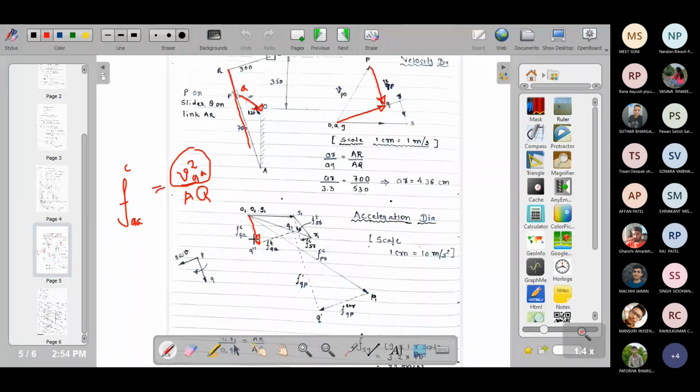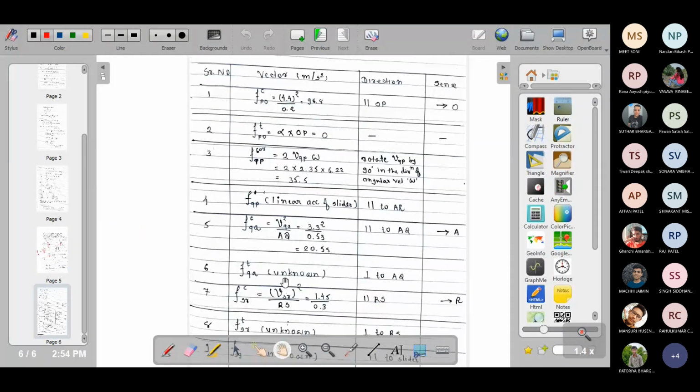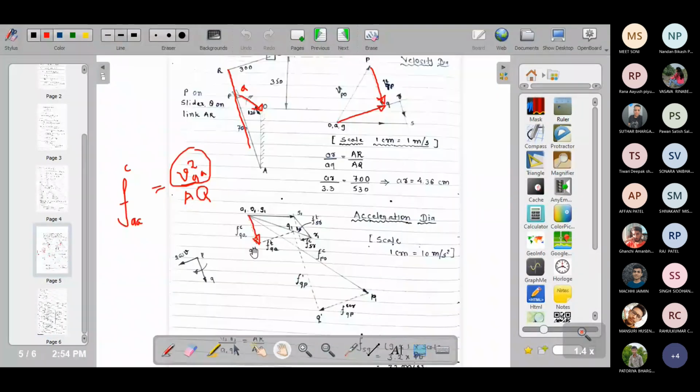Now you will have the tangential component. For the tangential component, what you need is alpha into length. We have the length, but we do not have the alpha value, but we have the direction. So from point Q double dash, I can draw a line perpendicular to this line.